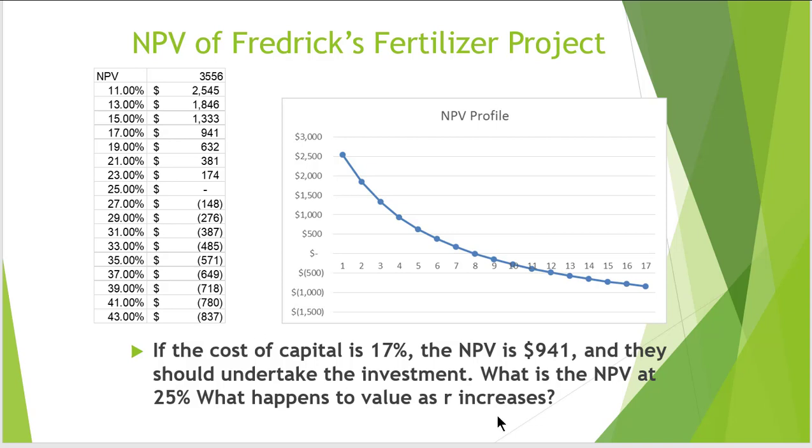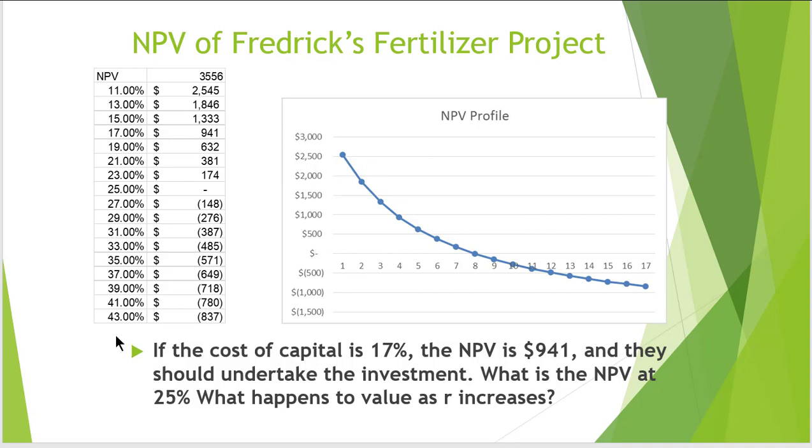So again, the idea here, what do we get from this picture? Number one, as discount rates increase, as the cost of capital increases, as the riskiness of the company or the project increases, the value of the project to the company decreases.